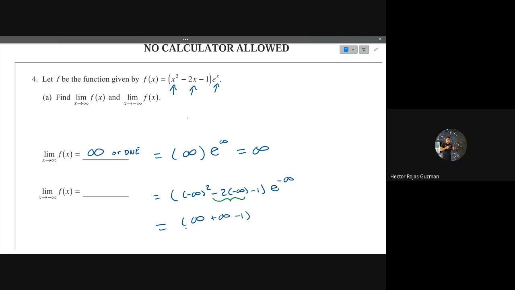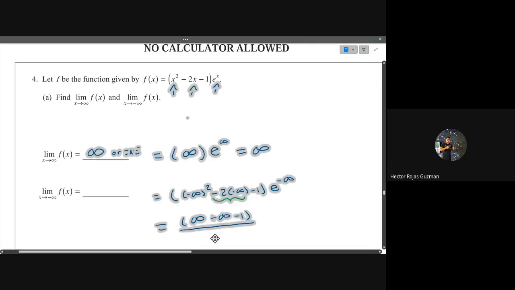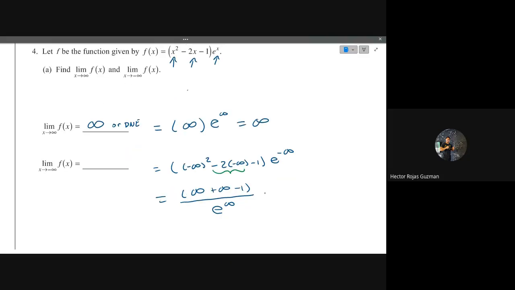The interesting part right here is e to the negative infinity. Since we have a negative exponent, we can bring it to the denominator. And now you have to make a decision. Does the numerator grow faster, or does the denominator? The denominator grows faster because exponential functions grow significantly faster than quadratics and linears.